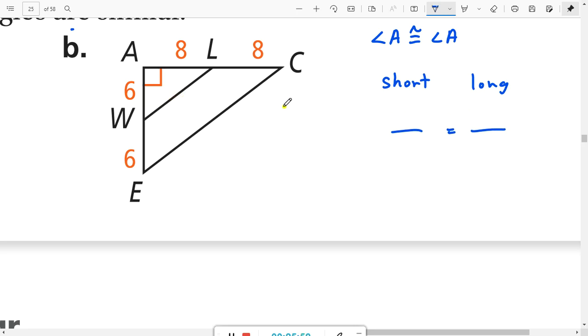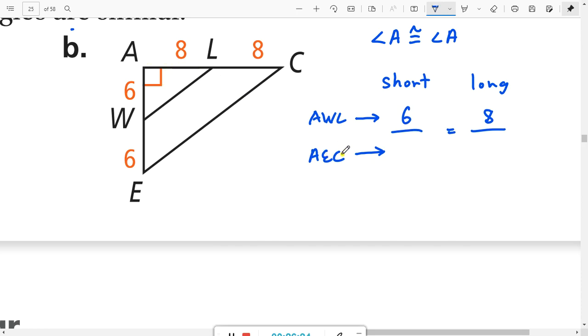Okay, for the numerators, I'm going to use the smaller triangle, AWL. And for the denominators, I'm going to use the bigger triangle, AEC. All right. So for AWL, the smaller triangle, the short side is 6. And the longer side is 8.